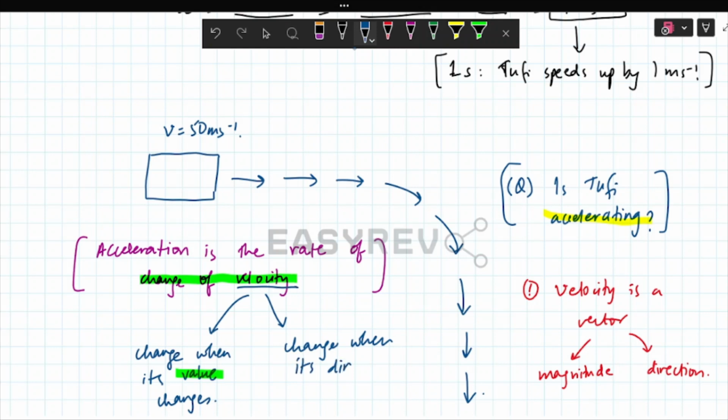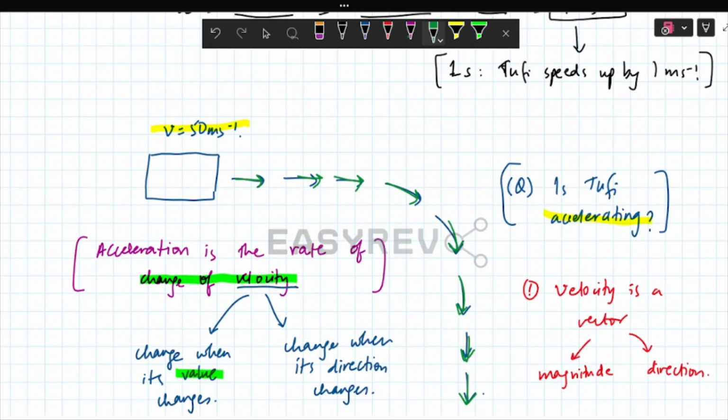When its direction changes. In this case, we don't see the magnitude of Tufi's car change, but we do see his direction change. He's going from towards the east and then changes his direction to point towards the south.